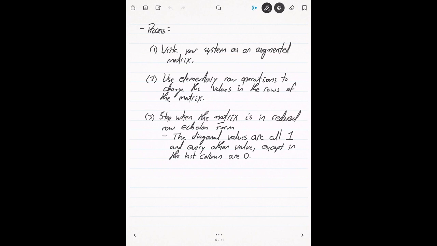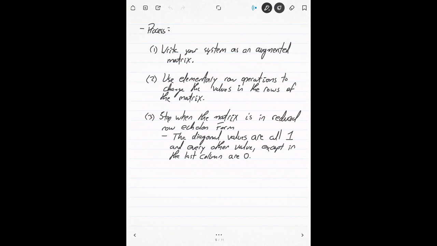Now here's the process for how we're going to actually use the Gauss-Jordan elimination method. First, you have to write your system as an augmented matrix. So take your system, make sure it's in standard form, and put it into a matrix. Then you're going to use the elementary row operations to change the values of the rows of the matrix.